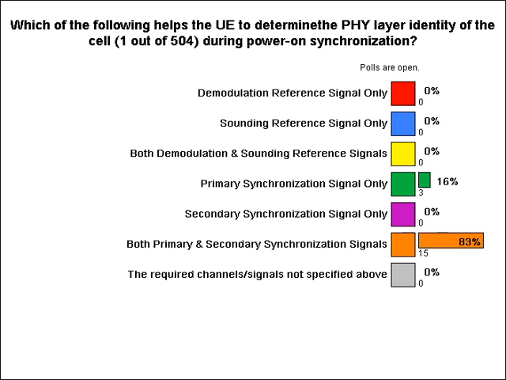So the cell number and the group number together will give us the physical layer cell ID. So it is good enough just to observe primary and secondary synchronization signals to be able to calculate the physical layer cell ID. Again, thank you very much for your participation.